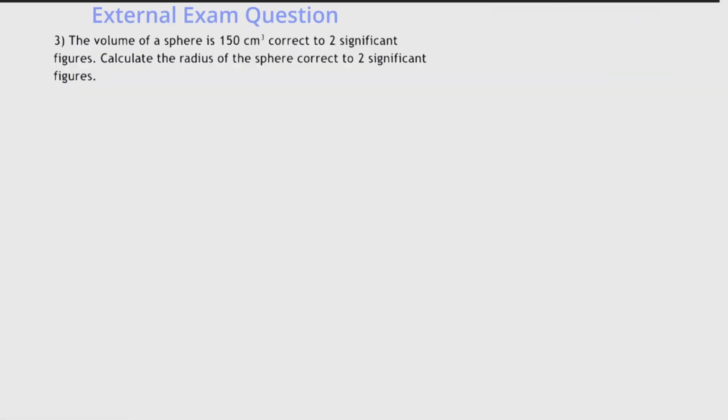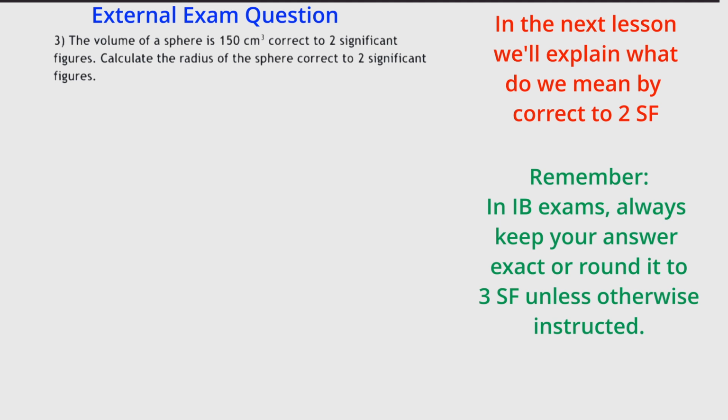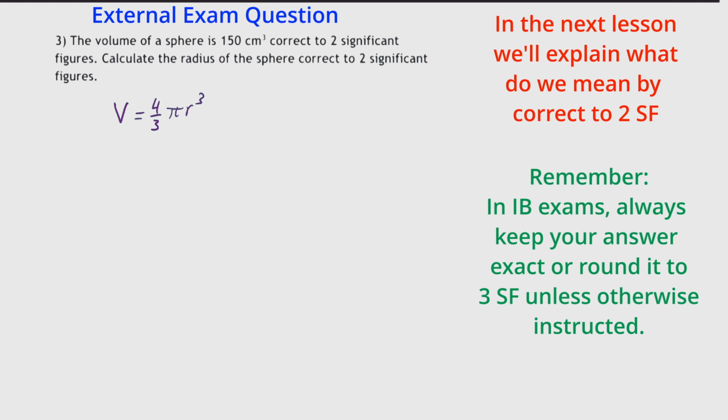Now in the third question, the volume of a sphere is 150 centimeters cubed, correct to two significant figures. We have to calculate the radius of the sphere, again correct to two significant figures. From the formula booklet, we know that the volume of the sphere is equal to 4 over 3 pi r cubed. Let's replace the volume. So we have 150 is equal to 4 over 3 pi r cubed.